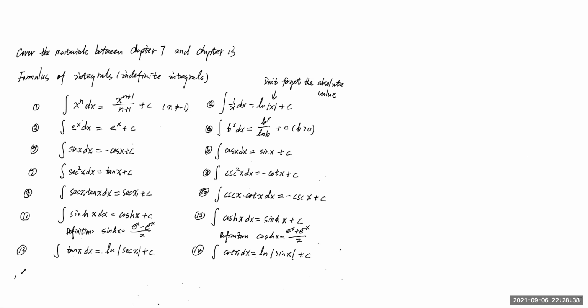Okay, the fifteenth formula is 1 over x squared plus a squared dx. The antiderivative is 1 over a. Of course, a is not 0. If a is 0, this is the case 1, the first item. This is 1 over a times tangent inverse of x over a plus c.